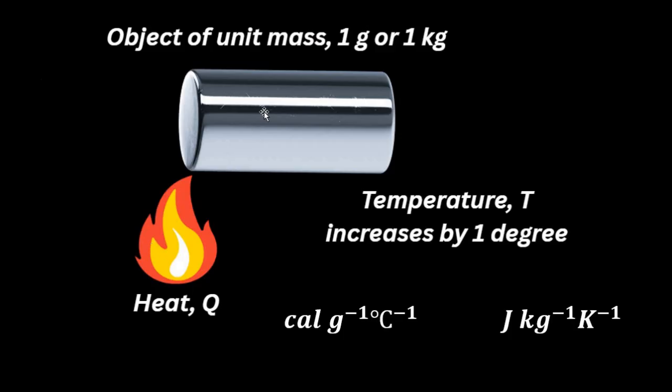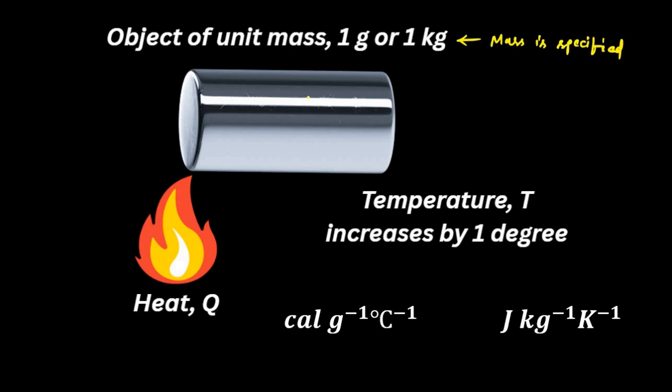So let us say we take an object of unit mass. So here the difference is that mass is specified. That is the difference between heat capacity and specific heat. Here the mass is specified.